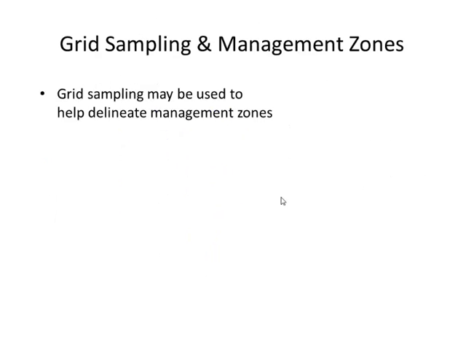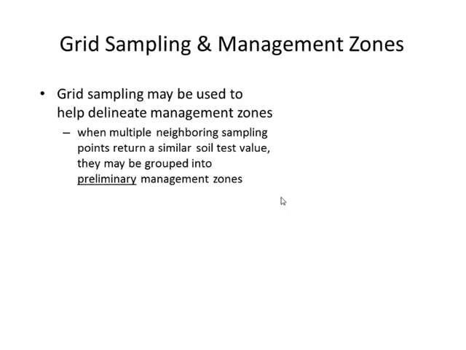So grid sampling is used to delineate management zones. What we mean is, if we have the grid and the soil analysis, we can make zones of different texture, or zones of different percentages of phosphorus or potassium, or whatever else it is.